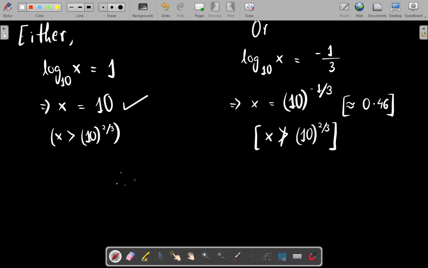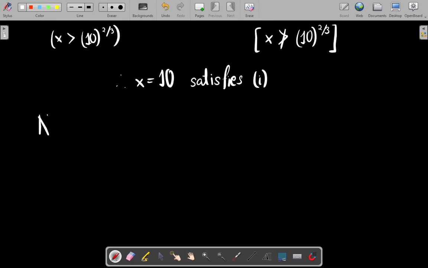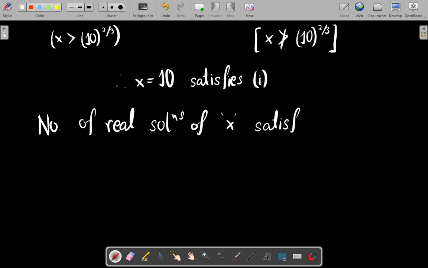Therefore x equal to 10 satisfies condition 1, so the number of real solutions of x satisfying the given equation is 1.